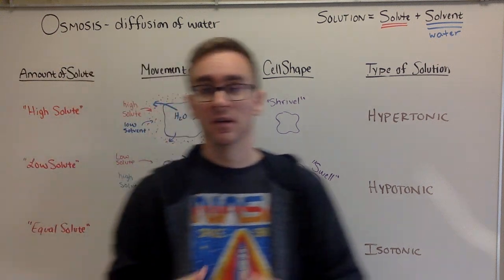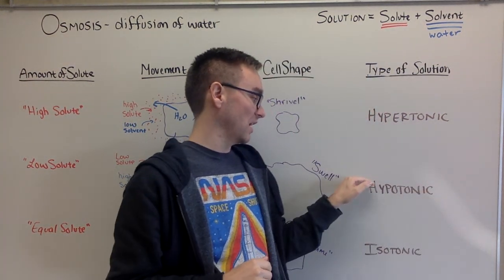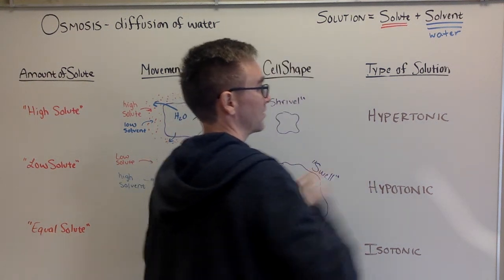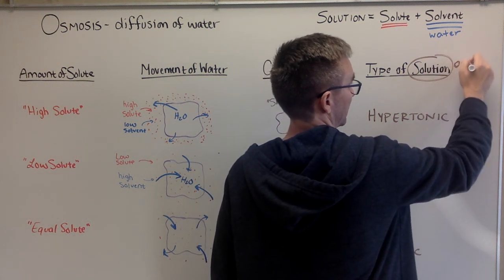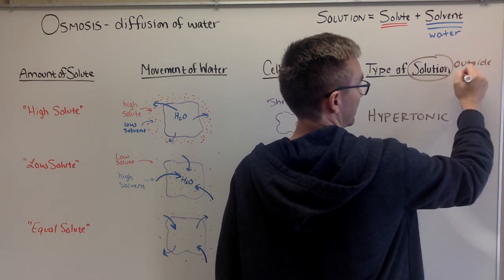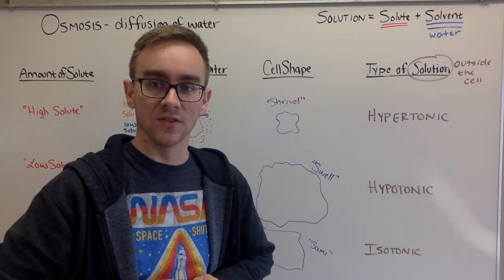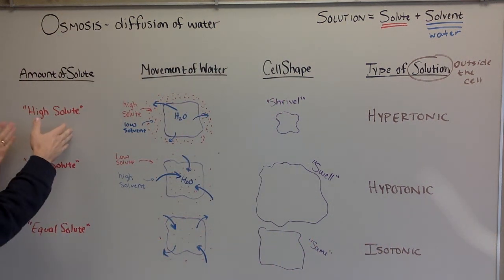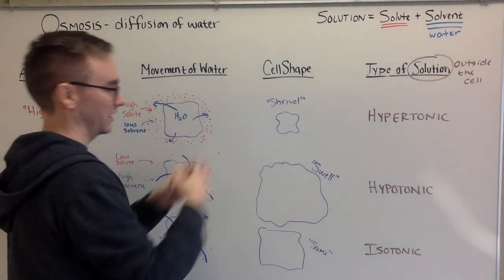All right, recap. First of all, remember it's about when we're defining hypertonic, hypotonic, and isotonic. What we're talking about is the solution outside the cell. So if the cell has high solutes, that means less water on the outside, the water is pulled out, it shrinks.